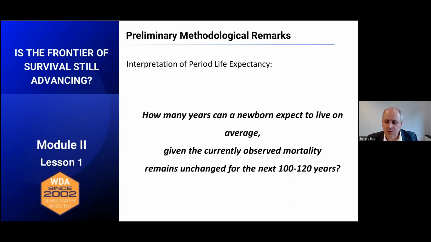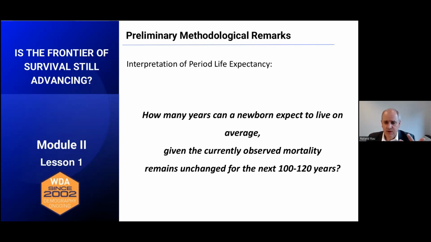So what use is it then, you may ask? There are a few advantages. Number one, you do not have to wait for 100, 120 years to know something about life expectancy. Number two, it's a single number, which is a weighted average about the current living or mortality conditions in a country.